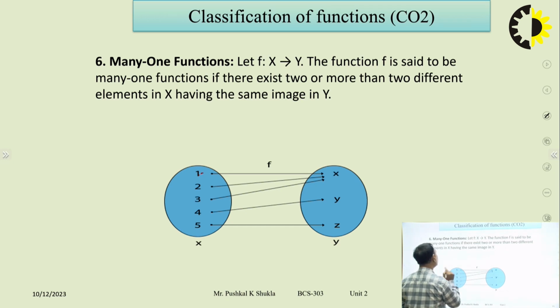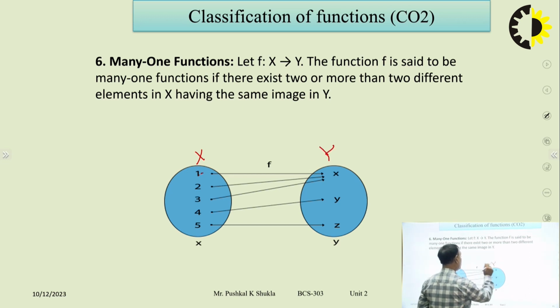So this is the case of the many-one function. Here 1, 2, 3, three elements in set X are related with the same element of set Y. So this is the case of the many-one function.